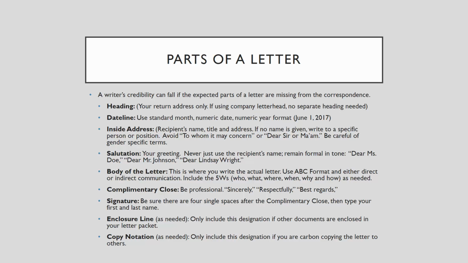And we'll review this again when we talk about the jobs packet assignment. But since we're talking about inside addresses, you want it to be as complete as possible. But when you don't have all the information like the person's name, you can just put the title or the position that you would want this letter to go to. Okay? Hopefully that makes sense. But if you have questions about that, please let me know.